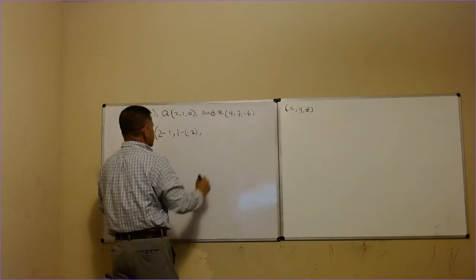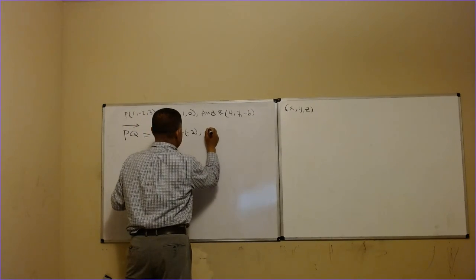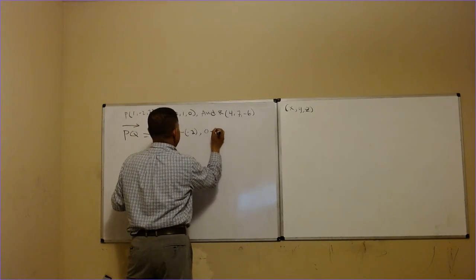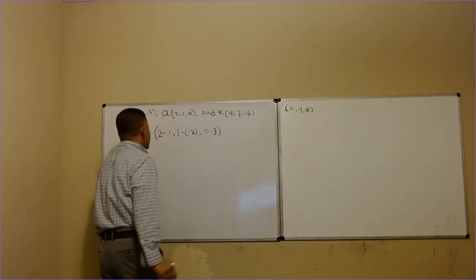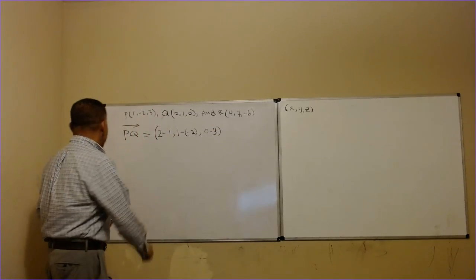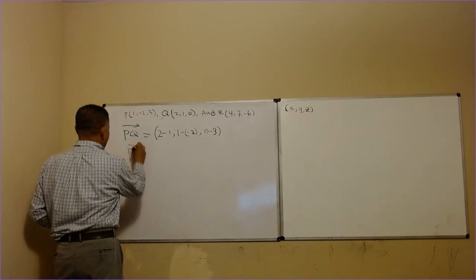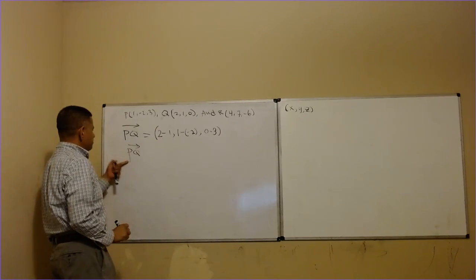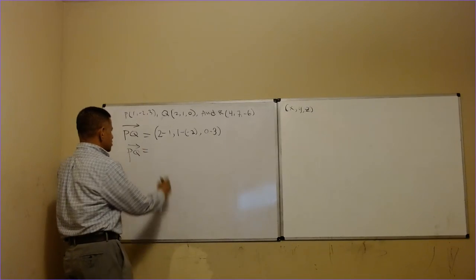So this component is going to be 0 minus 3. Okay? Now just do the math. So now I get PQ, that's a component vector, equal to what?